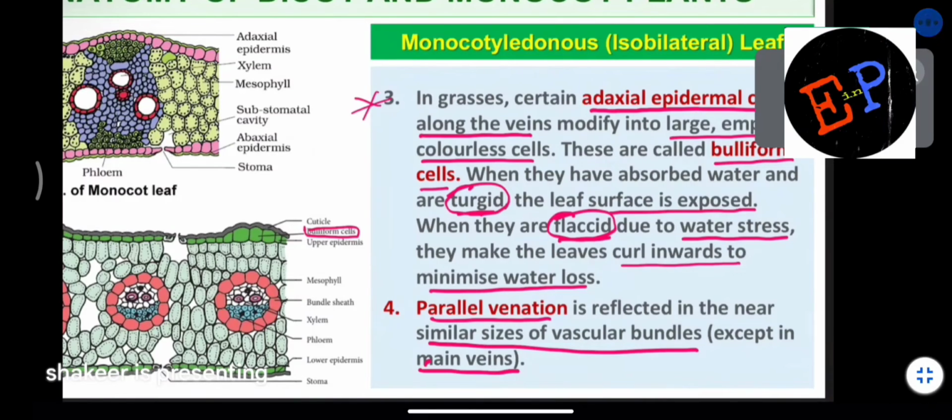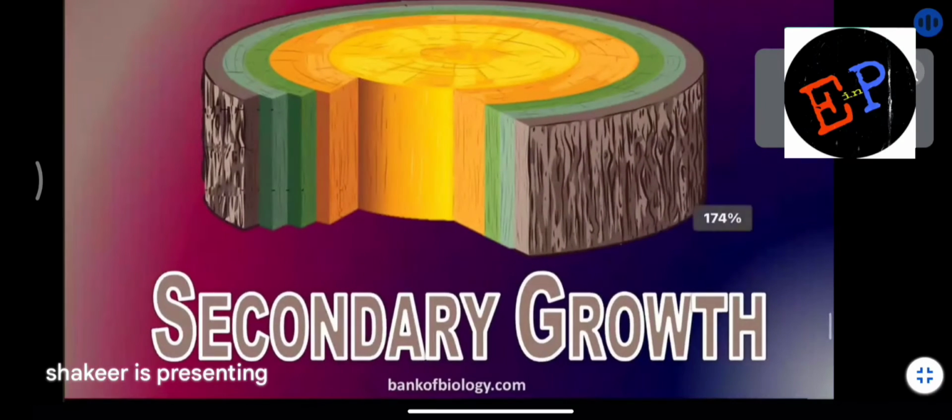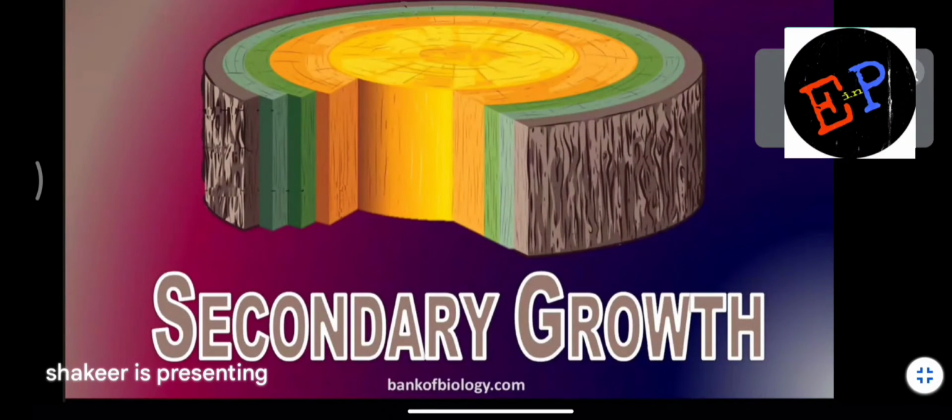What is the reason? Reticulate venation ఉంటుంది కదా అక్కడ, ఒక్కొక్క vein ఒక్కొక్క size లో ఉంటుంది. So xylem and phloem bundles also have different sizes in dicots, but in monocots all of them are the same size. So that is the leaf anatomy of monocot as well as dicot leaves.